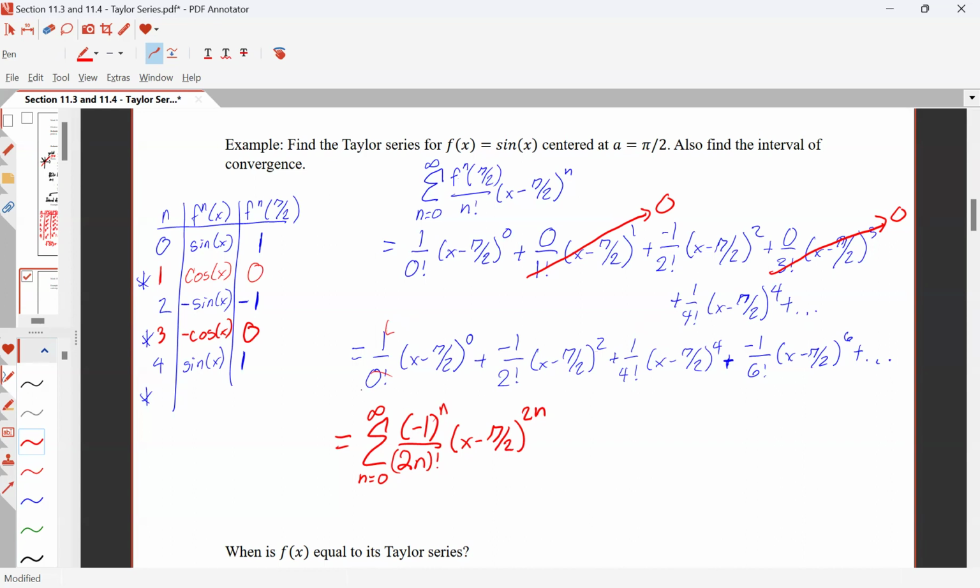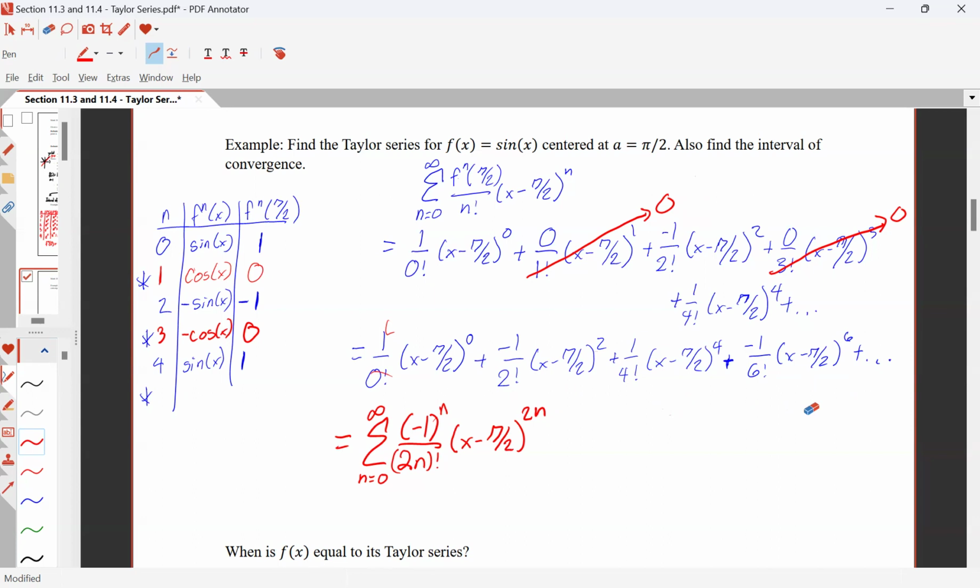So this has broken this down into an n equals 0, n equals 1, n equals 2, n equals 3, and we've cut out all those odd terms we had before where everything was 0. So there is our power series for sine.